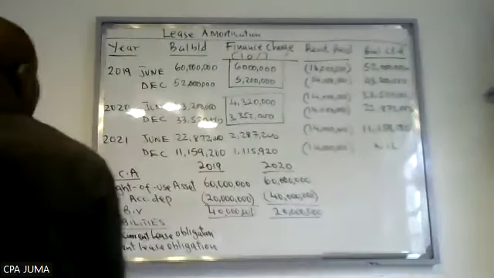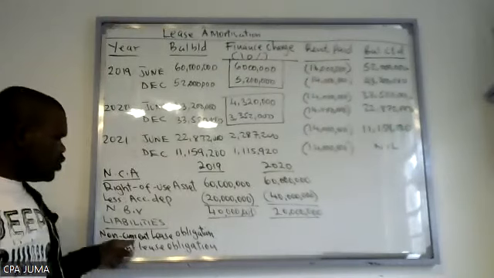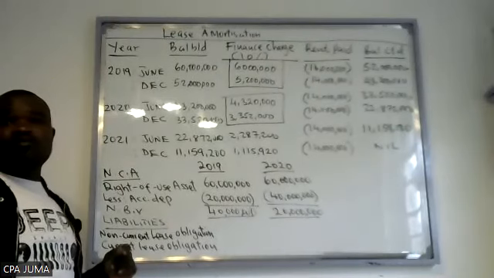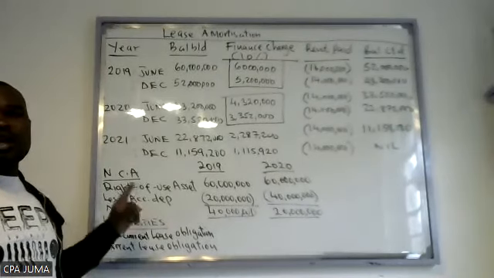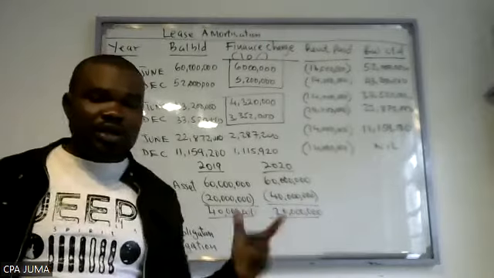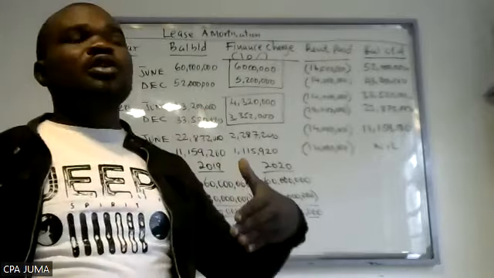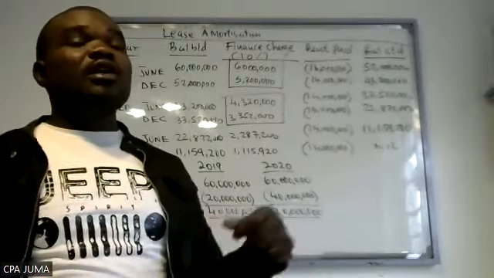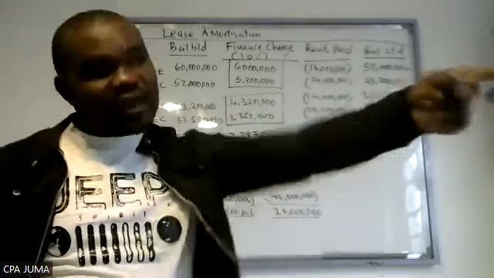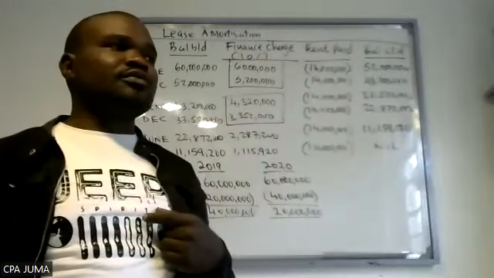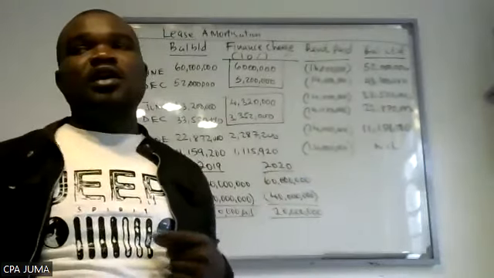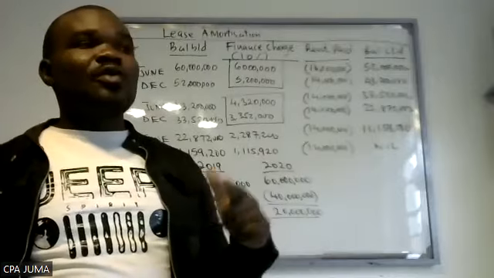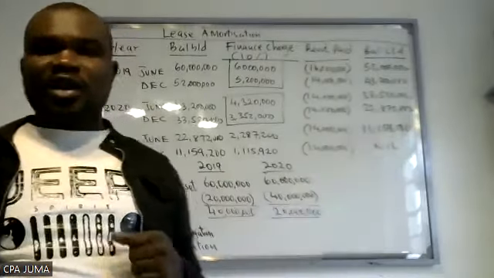So please check here. What is a non-current liability? A non-current liability is an obligation which is not expected to be settled in the next 1 year. While the current is the one which is expected to be settled in the next 1 year.